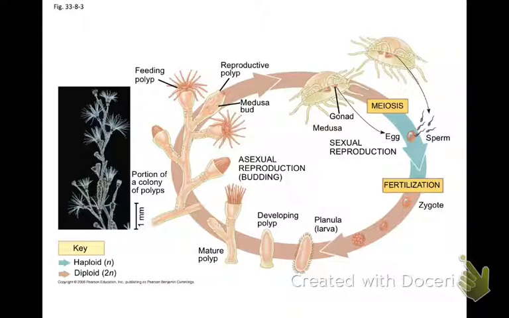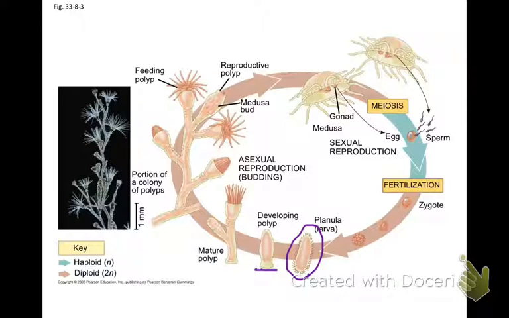So if we look at the reproductive cycle of Obelia here, you can see the zygote will undergo larval developmental stages and will eventually form a ciliated larva called a planula. That planula will settle on a substrate and form a polyp.